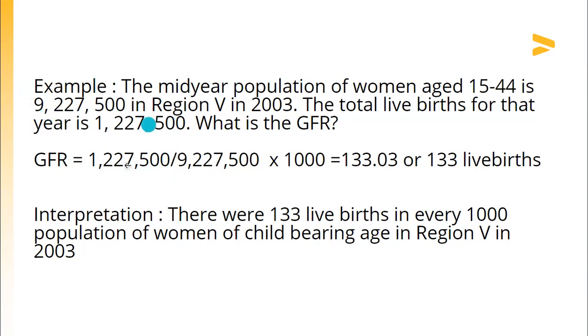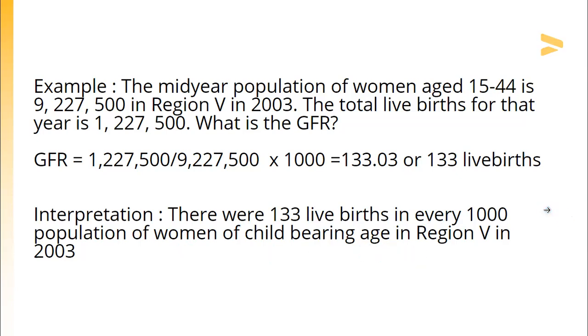And then we get the quotient, we multiply it with the factor of 1,000, we get now 133.03 or 133 live birth. Of course, it would be reasonable to express the answer in whole number because you do not give birth to 0.03 person. Okay? So there were 133 live births in every 1,000 population of women of childbearing age in Region 5 in 2003.